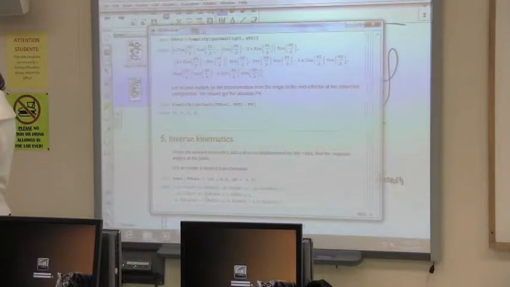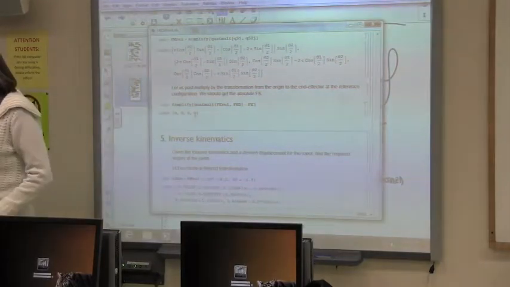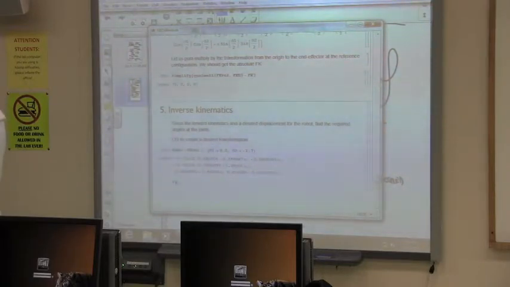So basically the easy way would be to just equate this to that and solve, right? Well, let's try, see how long it takes. First thought: equate fk relative to the desired one and solve for the angles.